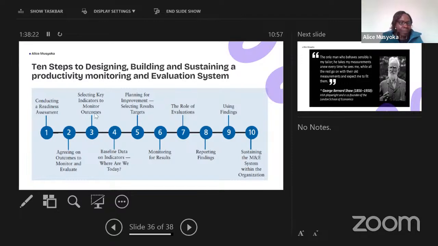So in terms of key performance indicators, depending on what we are going to measure, we can have key performance indicators that are lagging or key performance indicators that are leading. I believe we have all heard about leading and lagging KPIs.